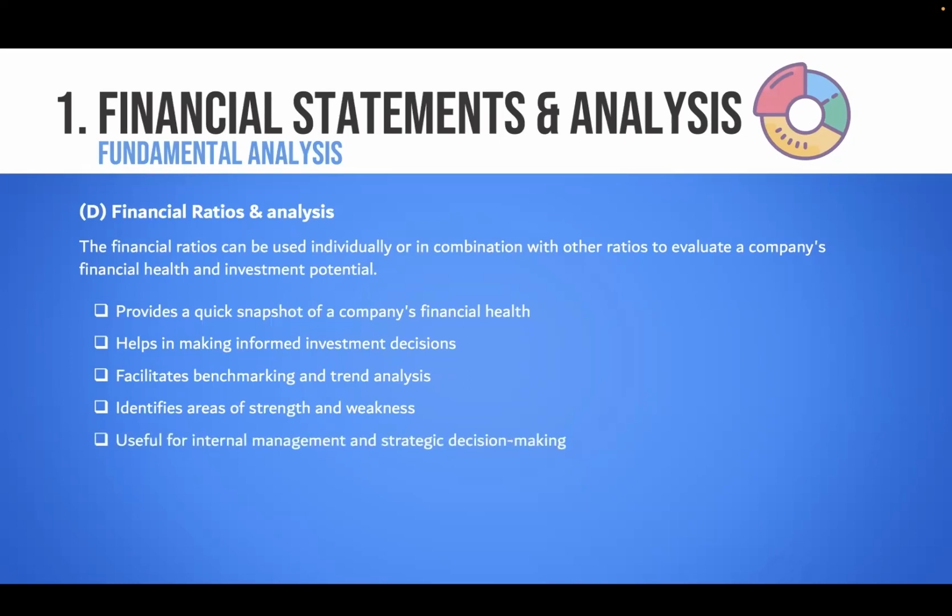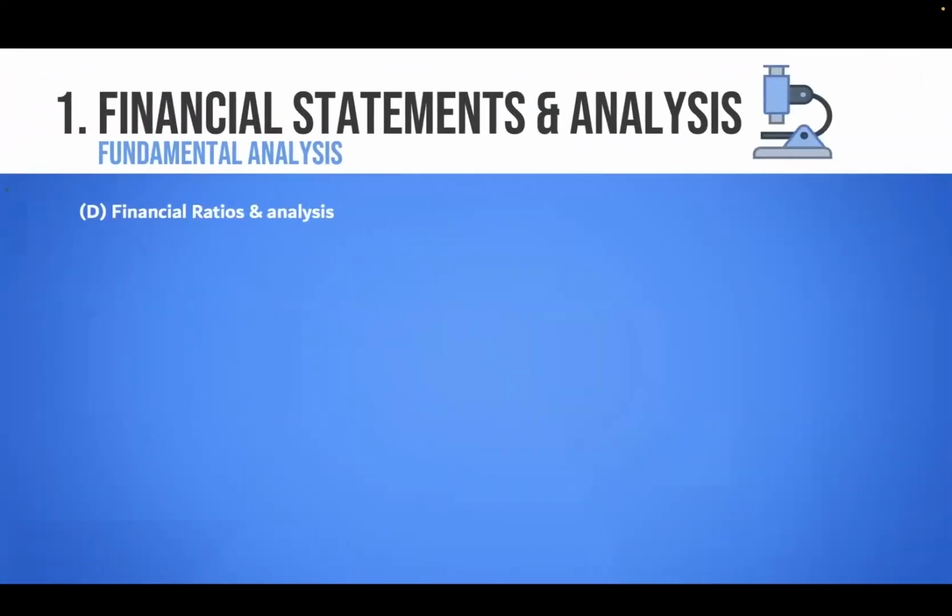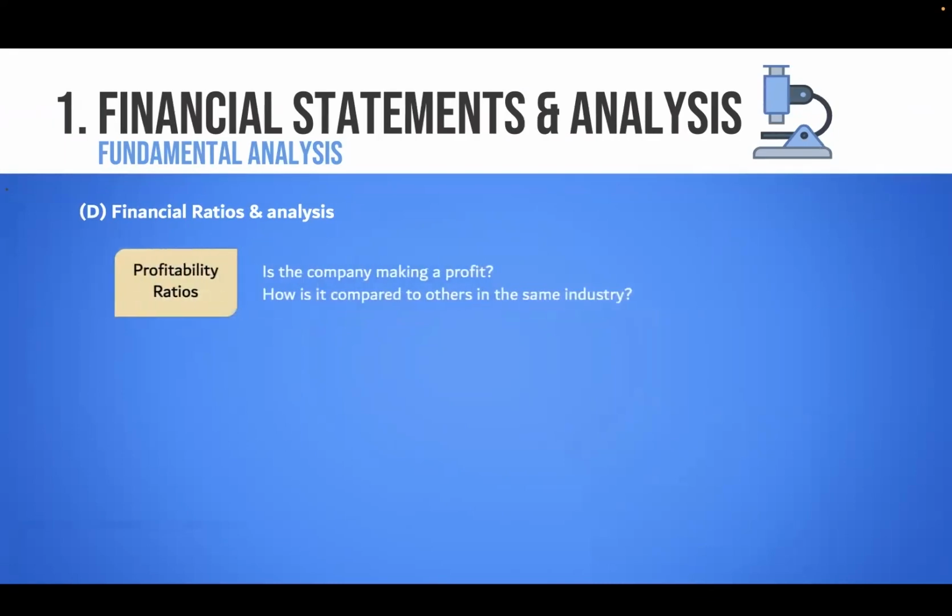In internal management, the company CEO and CFO are also reading these ratios to improve themselves and to make strategic decisions, right? So that's where ratios come in. So let's look at the categories of those ratios. At a high level, we have four main categories of ratios.